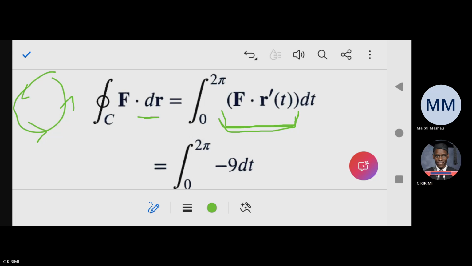Then, if it was anti-clockwise, it ranges from 0 to 2 pi. What if the orientation was clockwise?